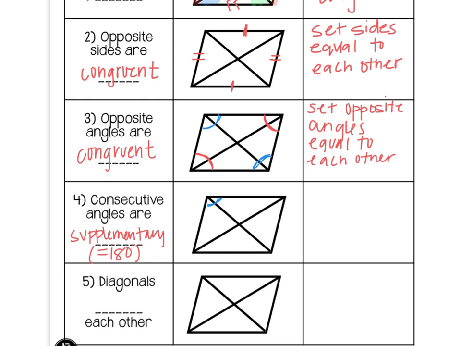So these angles would add to equal 180 degrees right here. These angles would add to equal 180 degrees as well. But you need to know that consecutive angles, not just from the left and the right, but also these two will be considered consecutive angles, and the ones at the bottom will be considered consecutive angles, okay?